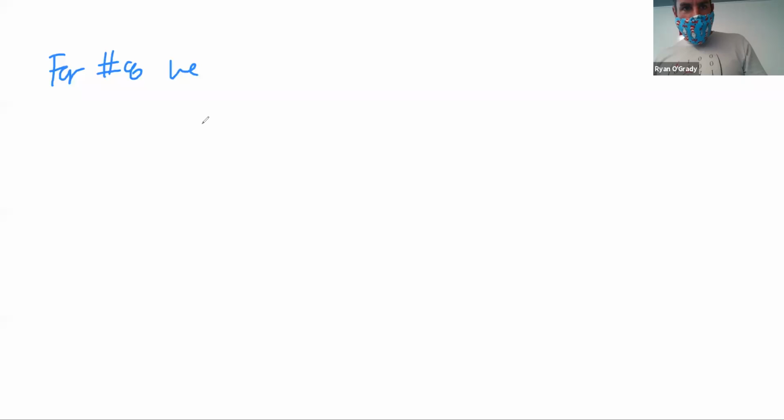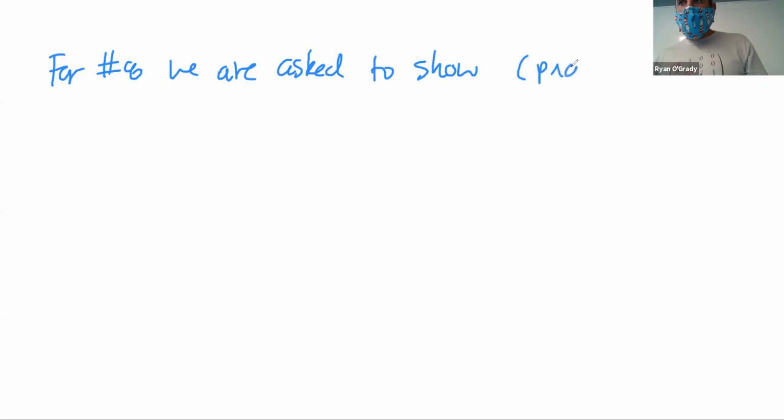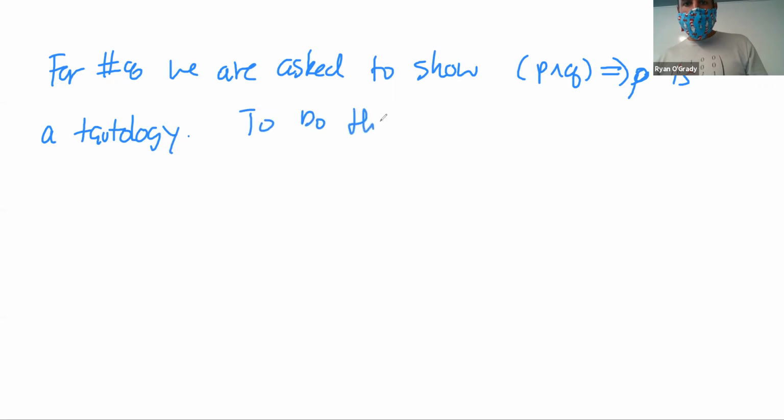We are asked to show that (P and Q) implies P is a tautology. So to do this, we must show it's always true.